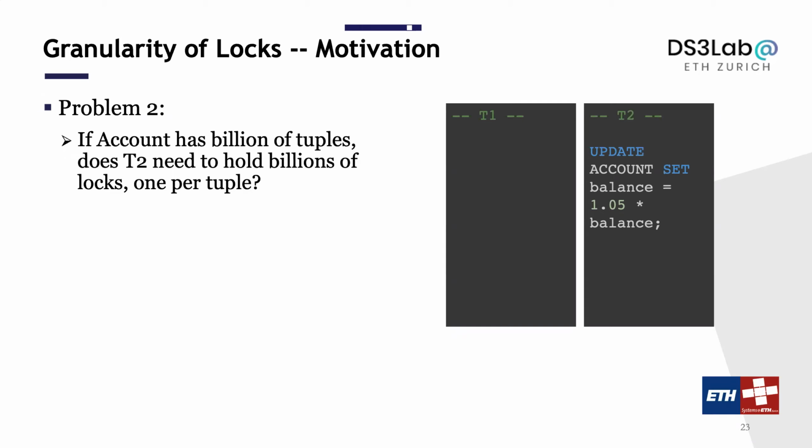It means that whenever you are thinking about the granularity of locks, you need to think about locks on tuples, you also need to think about locks on tables, or other granularities, maybe locks on databases. That is clearly needed in practice, to either enforce correctness, as we saw in problem number 1, or to improve efficiency, as we see in this example.